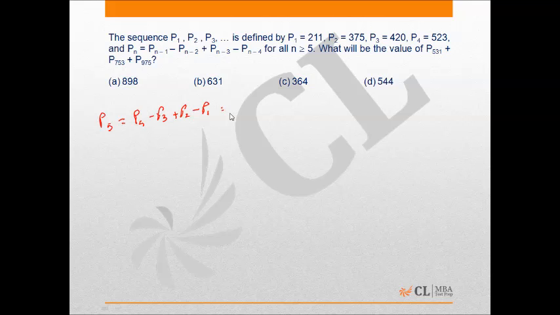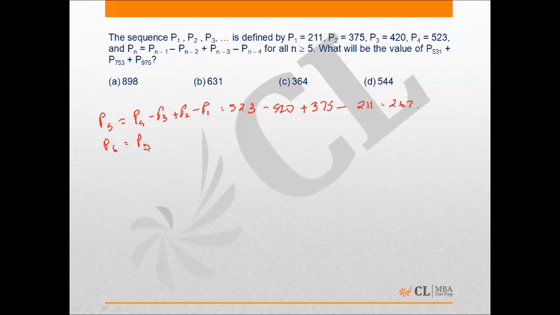Now, P4 has been given as 523 minus P3, which is 420, that's 103, plus P2, which is 375, so that's 478, and minus P1, which is 211. That's 267. Hence P5 is 267.